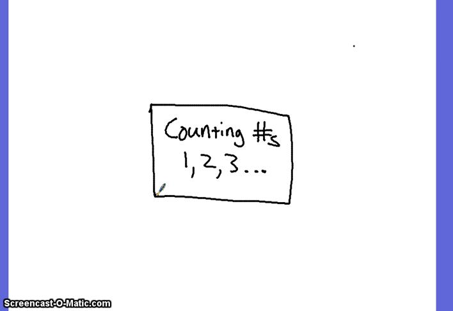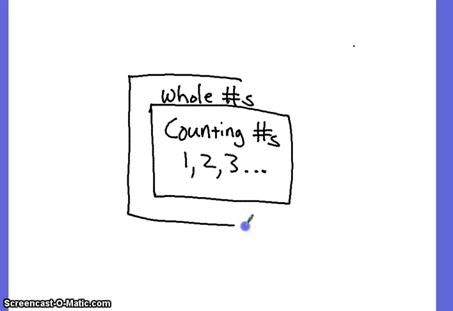Now surrounding the counting numbers, our next level up is the whole numbers. And this is also a concept that's on the 7th grade and 8th grade NCHS. So where do we have ours? In the first week of May.